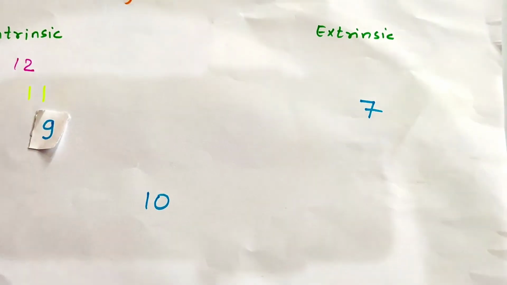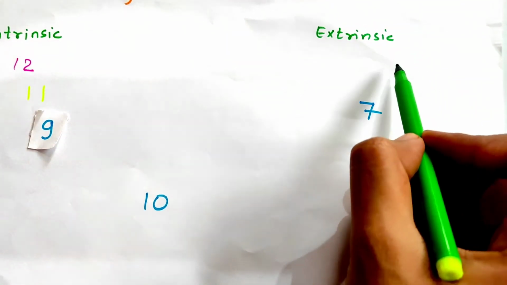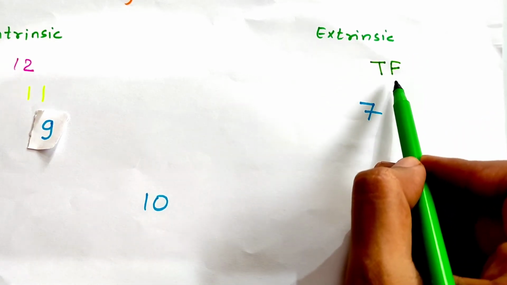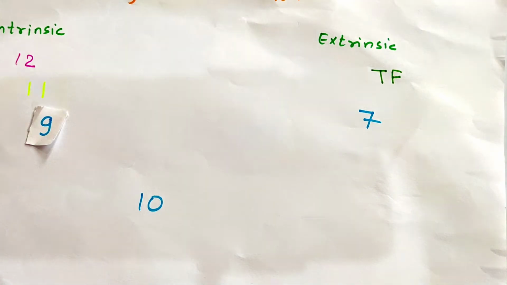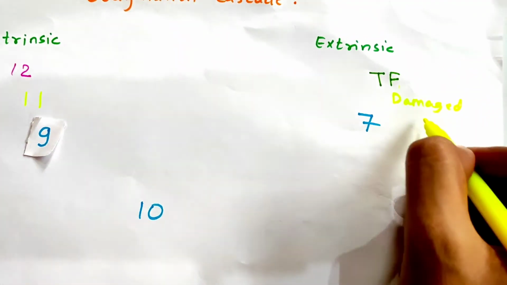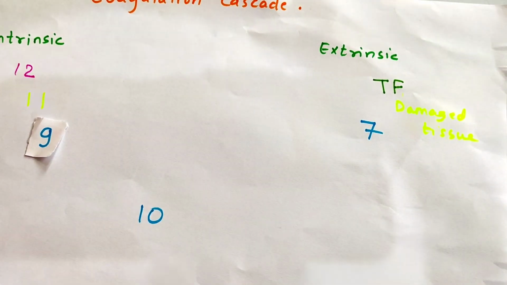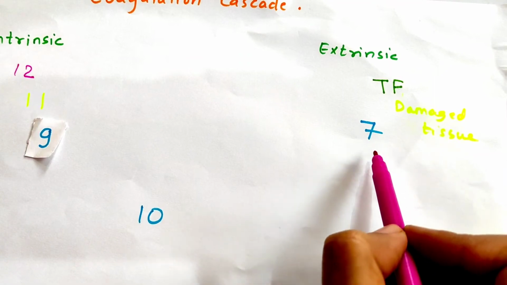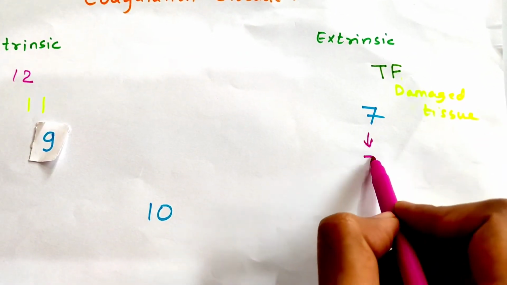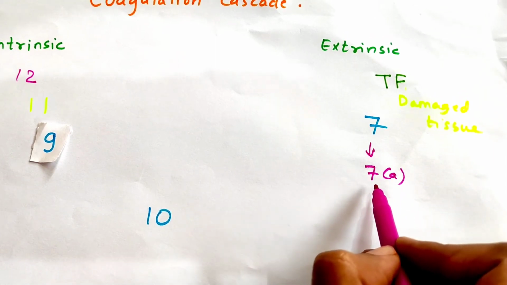Extrinsic pathway begins when there is injury to the tissues, which releases TF, that is tissue factor. Tissue factor is released from the damaged tissue, and this tissue factor will convert factor number 7 to activated factor number 7. A for activated factor number 7.